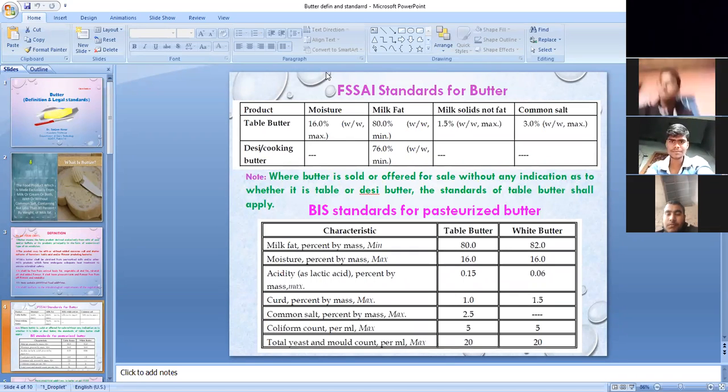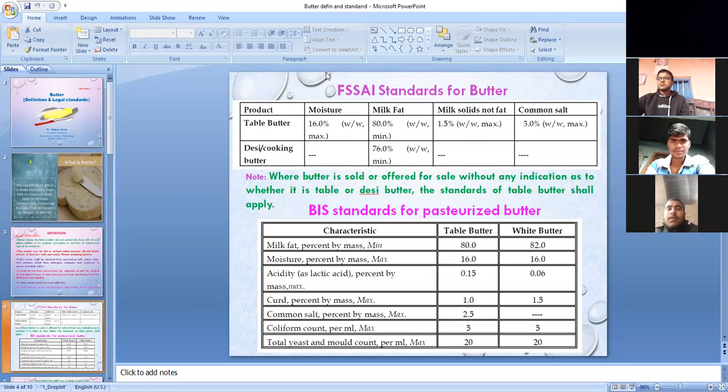Another comes into the category of traditional Indian fat-rich dairy products. When we see table butter, the minimum fat percent should be not less than 80%. Whereas in the case of white butter, the minimum fat content recommended by BIS is 82%.